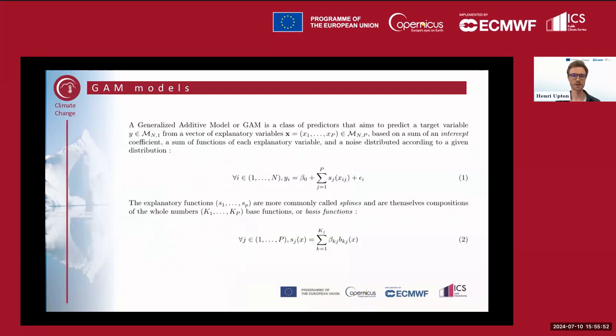To speak mathematically, what is a GAM model? We have our features X, the calendar effects, so temporal features, and also weather features, and we want to represent our target, the load Y, as an intercept plus a composition of splines. Each spline is itself a composition of coefficients times basis functions. The basis function is an input of the model.